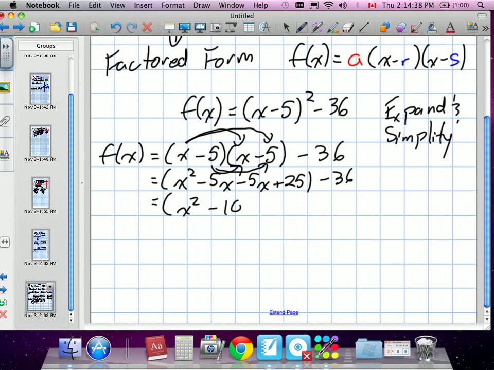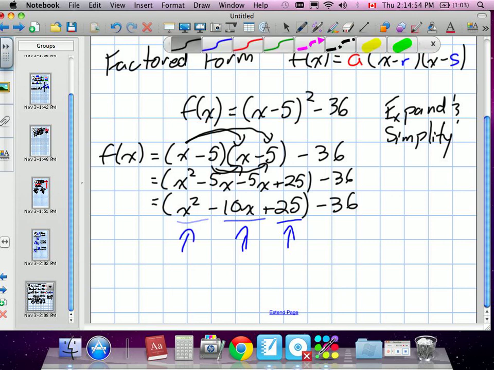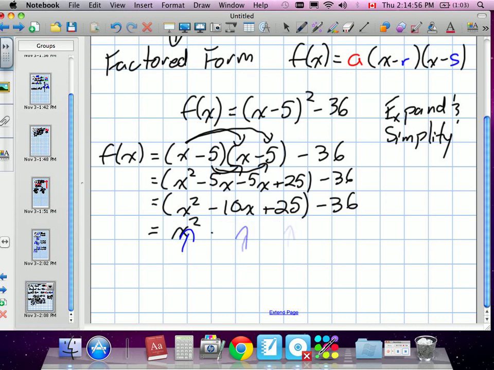Now I can't simplify these brackets anymore if we look at BEDMAS. All three of these are different terms. So this is as simple as these brackets get. So I'm going to drop the brackets and collect like terms. So I get x squared minus 10x plus 25 minus 36. The only two like terms I have are my constant numbers. So I get x squared minus 10x minus 11. And now I'm in standard form.